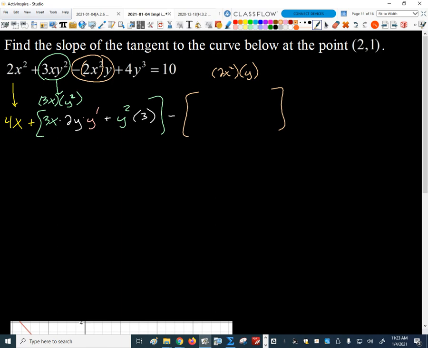So take the first part of the product rule then. What's that going to give me? 4x. Okay, times. What is the y term? Well, I've got a 2x squared times a y, so I'm multiplying 2 things together. We just arbitrarily stuck the 2 with the x squared.